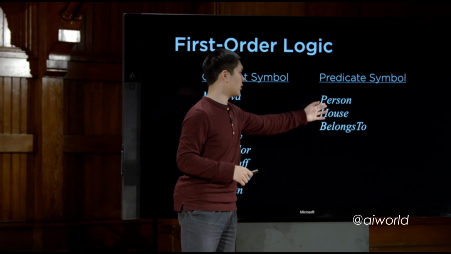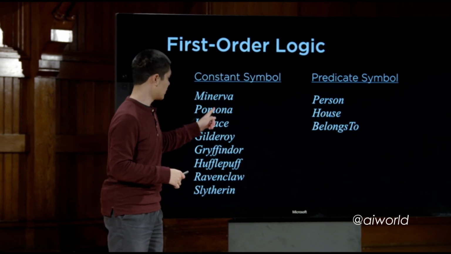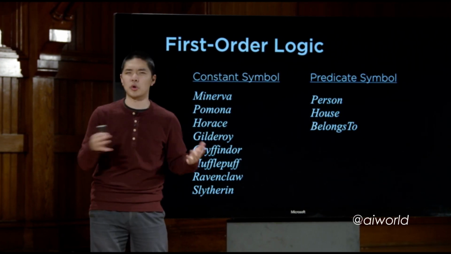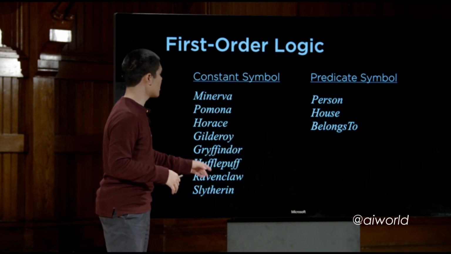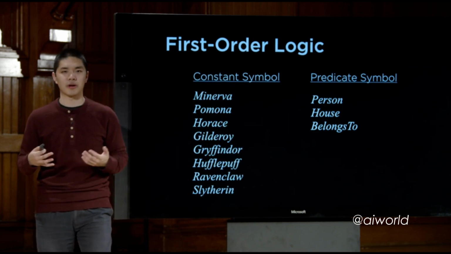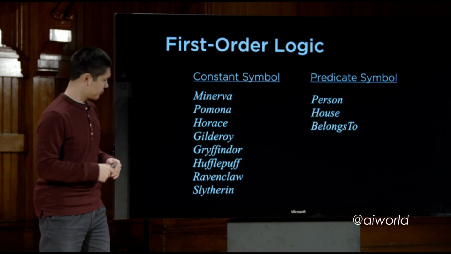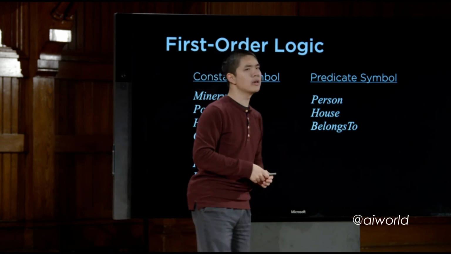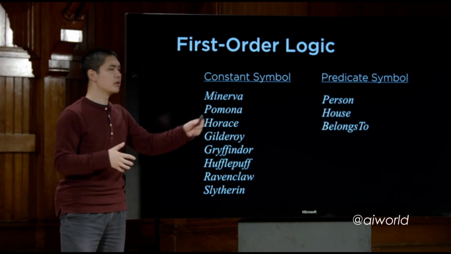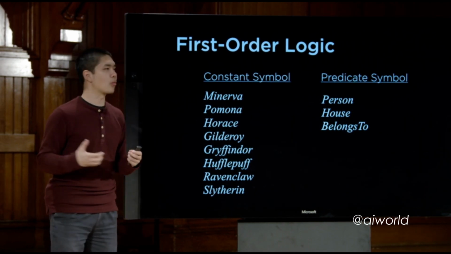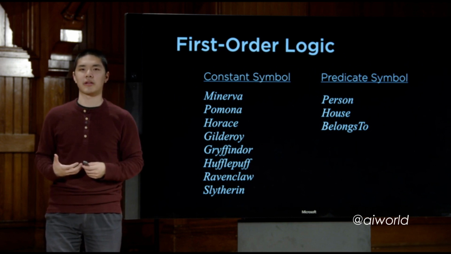So person might hold true of Minerva, but it would be false for Gryffindor, because Gryffindor is not a person. And house is going to hold true for Ravenclaw, but it's not going to hold true for Horace, for example, because Horace is a person. And belongs to, meanwhile, is going to be some relation that is going to relate people to their houses. And it's going to only tell me when someone belongs to a house or does not.